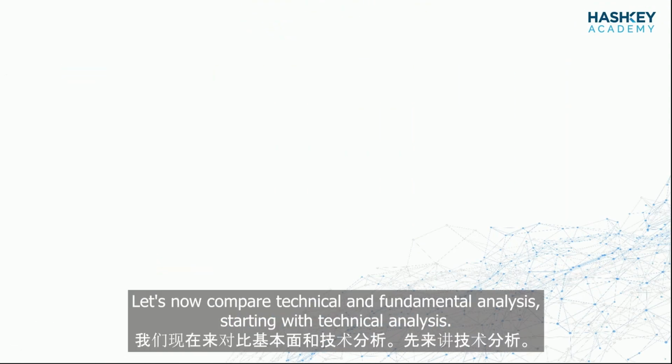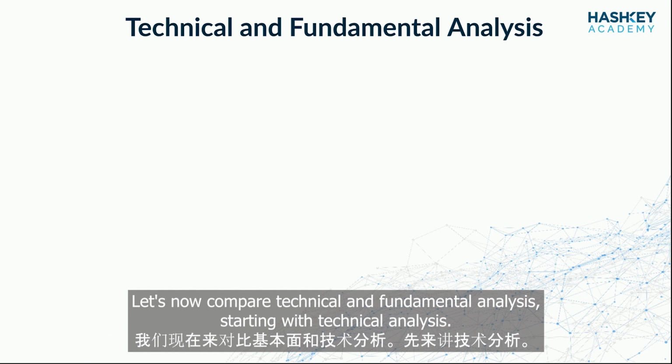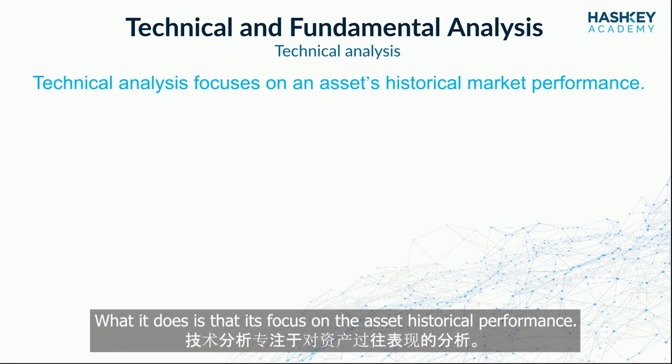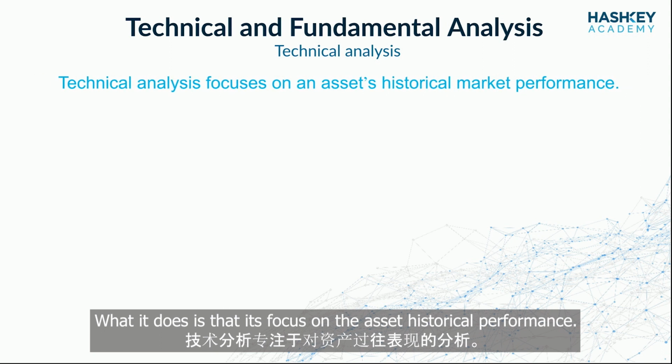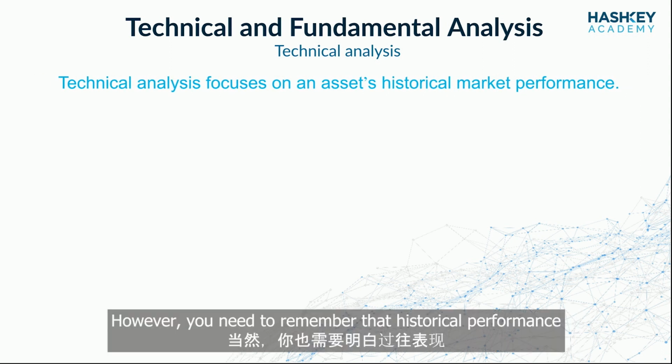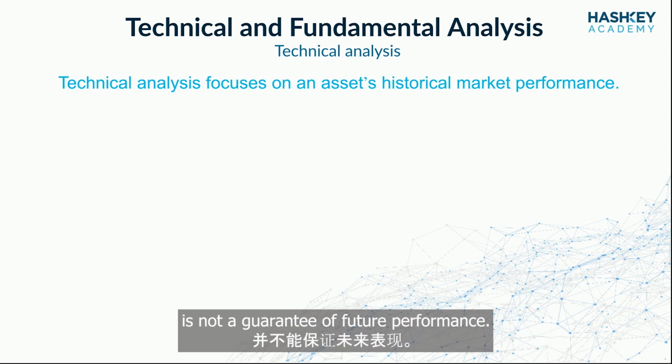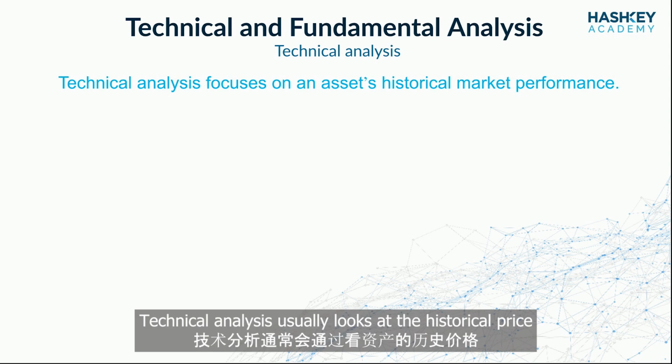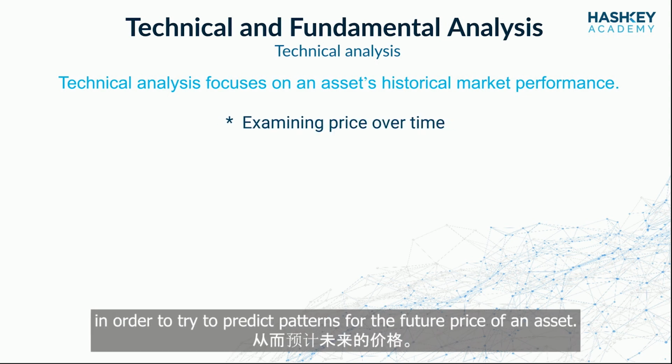Let's now compare technical and fundamental analysis. Starting with technical analysis, it focuses on the asset's historical performance. However, you need to remember that historical performance is not a guarantee of future performance. Technical analysis usually looks at the historical price in order to try to predict patterns for the future price of an asset.